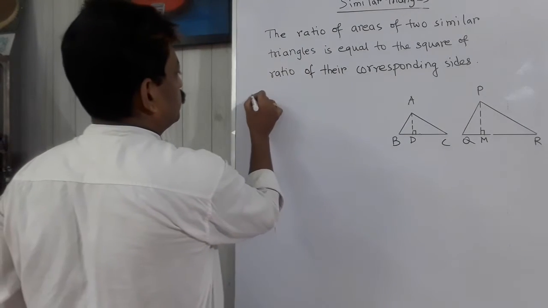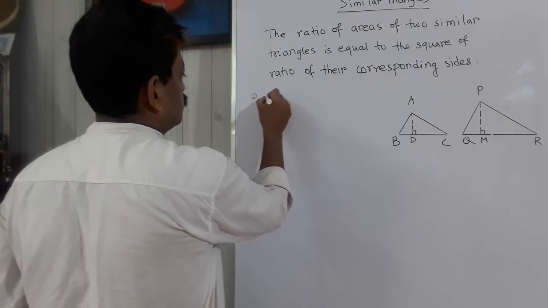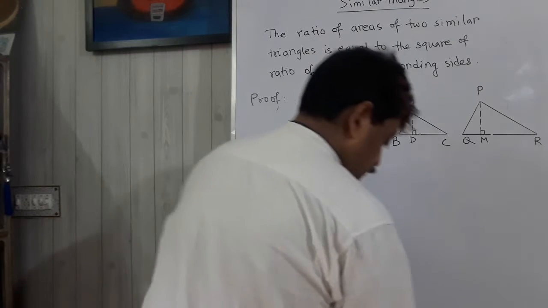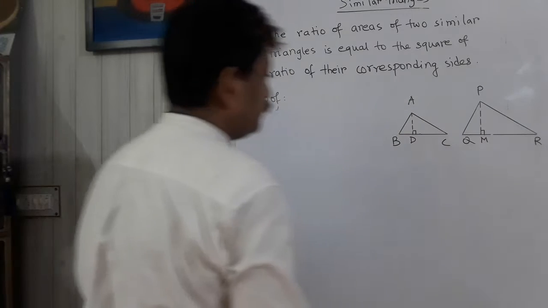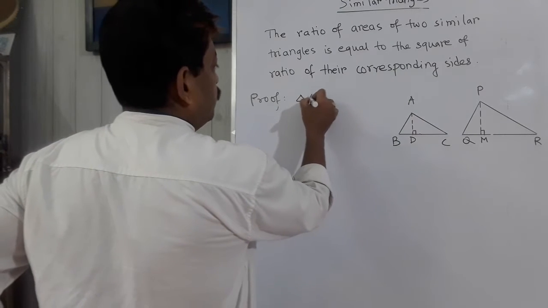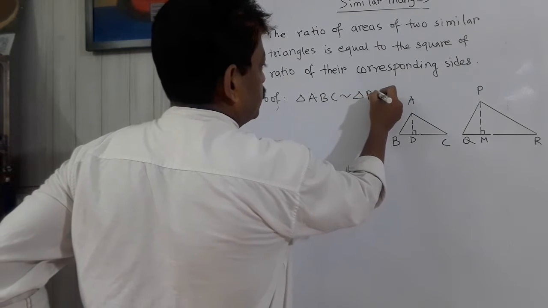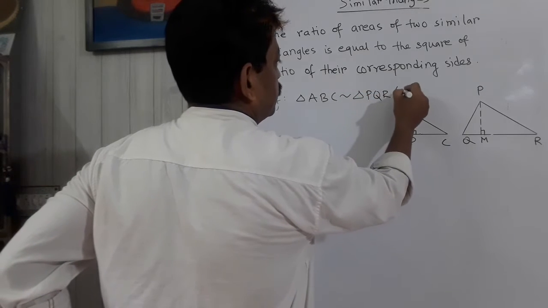Proof. Triangle ABC is similar to triangle PQR. This is given in the question. It is given.